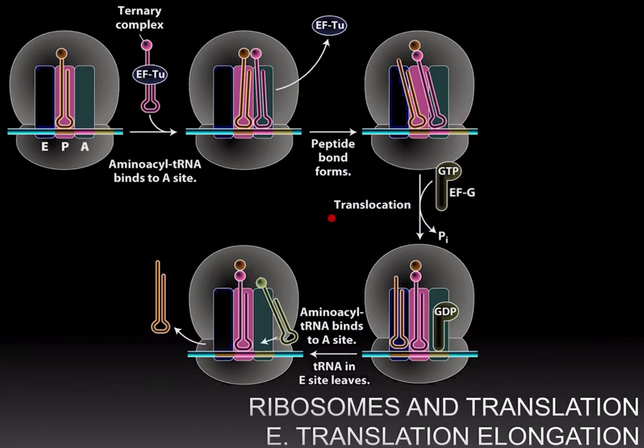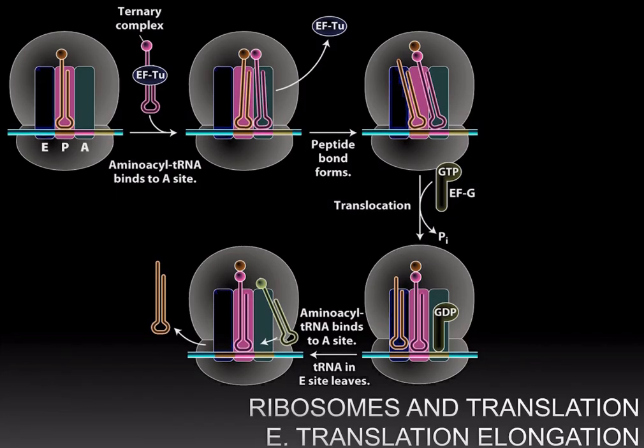At this point, translocation occurs with the help of elongation factor G, which pushes the two tRNAs to the left, so that the first tRNA is now in the E site or the exit site, and the second tRNA is in the P site or the peptidyl site, and elongation factor G occupies the A site.